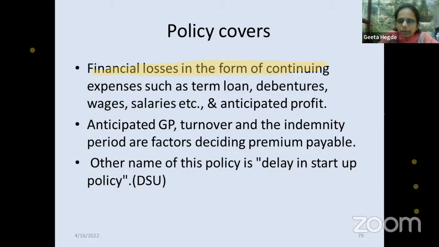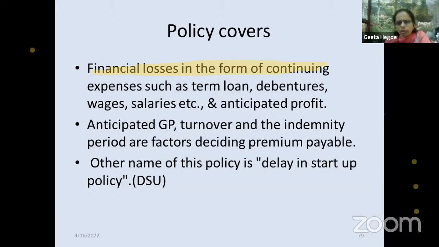But in case of a project which is yet to start, the profit will be the anticipated profit. Generally, this is taken from the nature of the project, what it is going to manufacture, what amount of loan is opted for, what is the anticipated turnover, what kind of manufacturing unit it is. Considering all this, the anticipated gross profit will be insured.